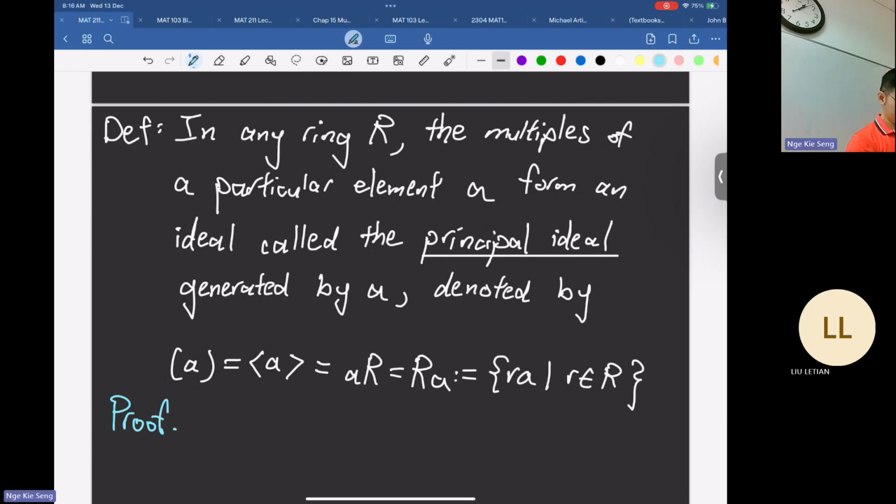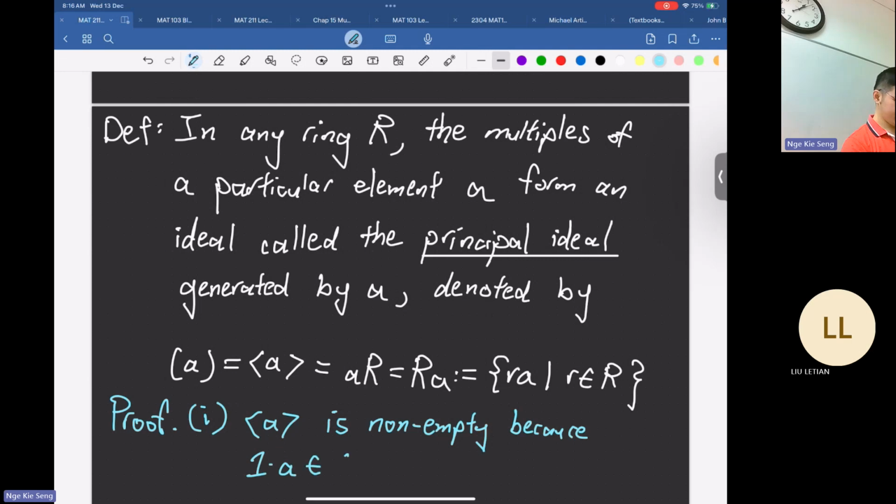So first of all, this set is non-empty because 1 times a is in there, which equals a. And then is this a subset of the ring or not?